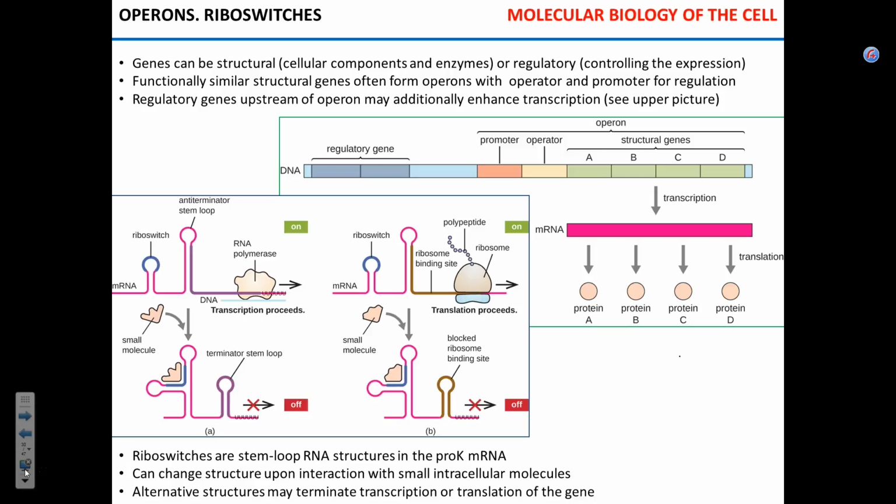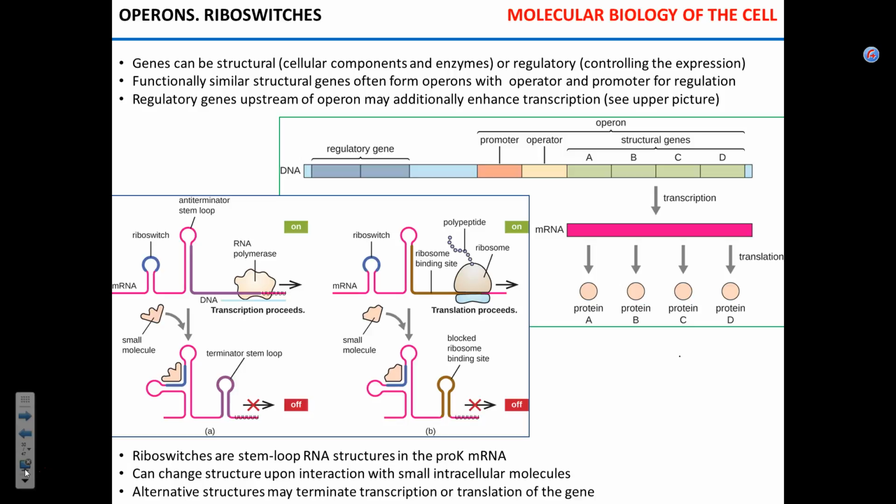So there are two big mechanisms. I'm not saying that those are the only two mechanisms, but two mechanisms that I want you to be aware of. The mechanisms are operons that control gene expression, and riboswitches.